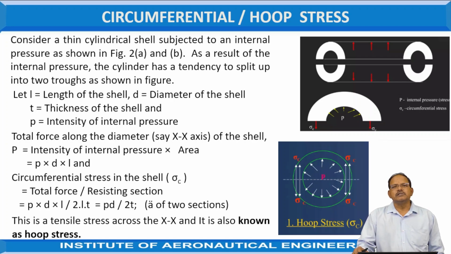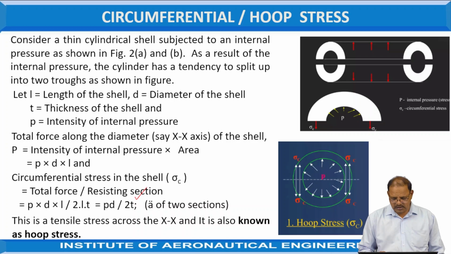The magnitude of stress induced because of internal pressure P inside the cylinder is given by PD divided by 2T, where P stands for the fluid pressure, D for the internal diameter of the pipe, and T for the thickness.